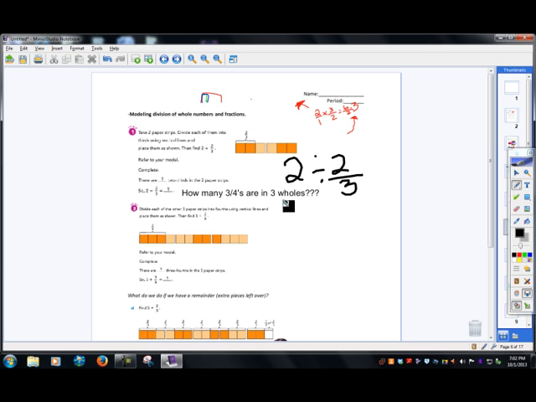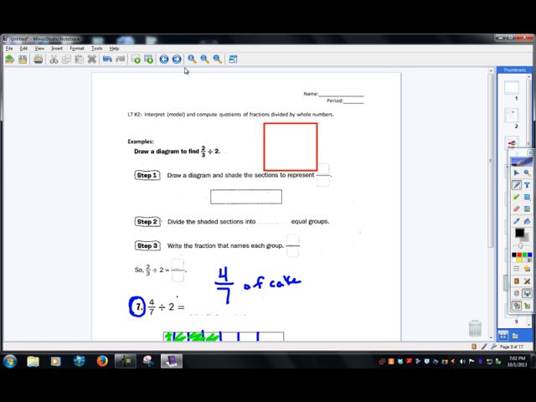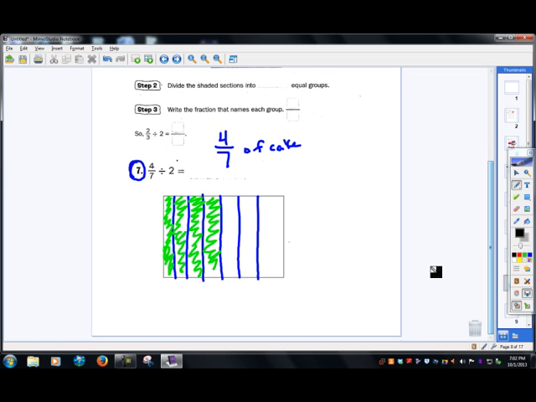What was the first step? Model the dividend. That's the first step. That's what I want you guys to see. We are modeling 2 wholes, and then we're cutting it into thirds. Okay? Then we're looking for how many groups of 2. That gets a little bit different, but it's all about modeling the dividend to start, and that's what we did here. We now have 4/7 of cake.